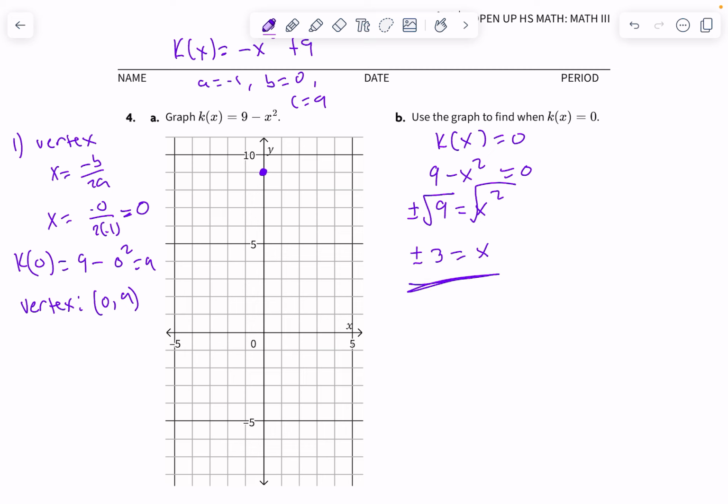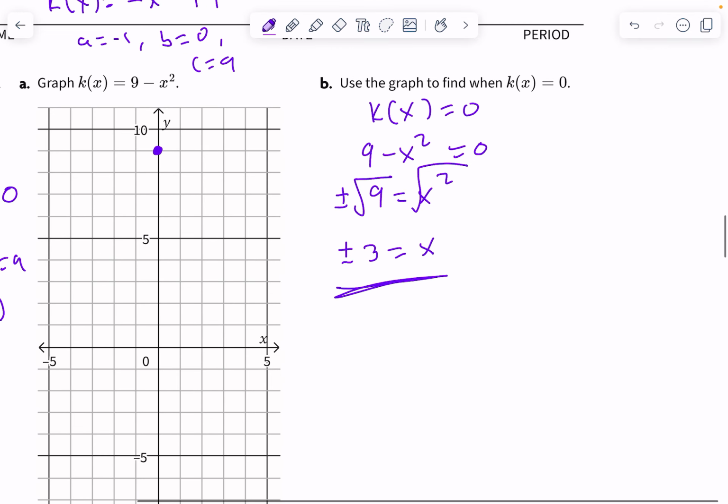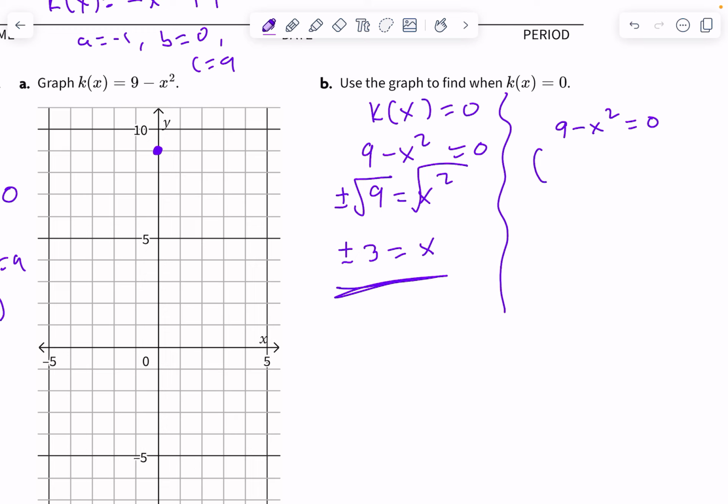I could have done this a little bit differently too. So if I have 9 minus x squared equals 0, can I factor this out into a product of two things? So this becomes 3 minus x, 3 plus x equals 0.